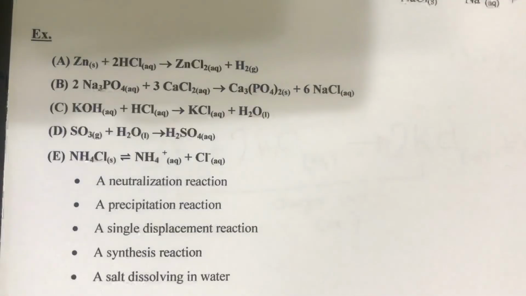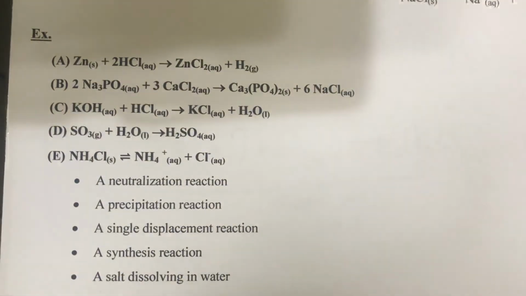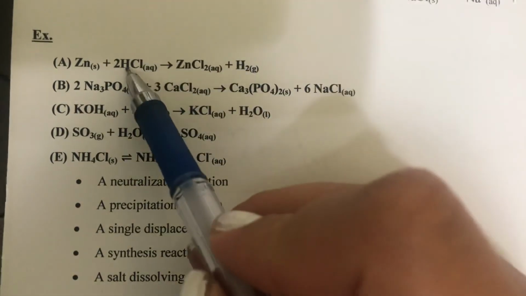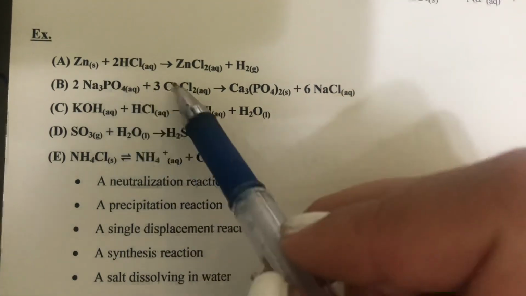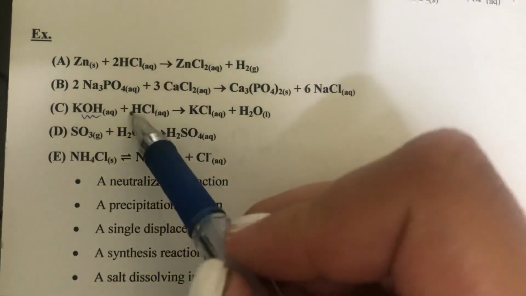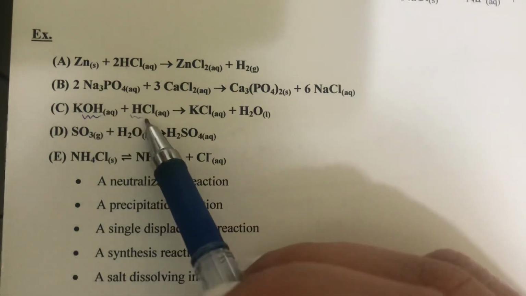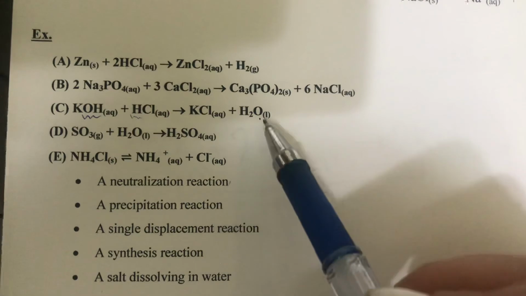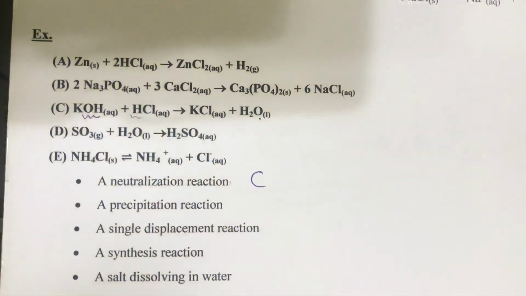So you have to find which of these reactants are acid and base. So here it's an acid, but here an element, here two salts, and here you have hydroxide, which means base, and here you have hydrogen, which means acid. So base plus acid produce salt and water. This is the definition of a neutralization reaction. So here the correct answer is C.